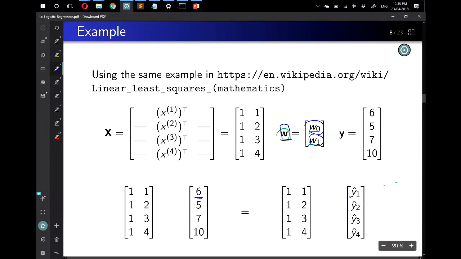Ideally, if I want each y to be exactly the observation, this means if you multiply by w0, w1, it should be exactly equal. So the first row times the first column equals 6, the second row times the same column equals 5, and so on and so forth. So there are 4 equality constraints, and there are only 2 variables.